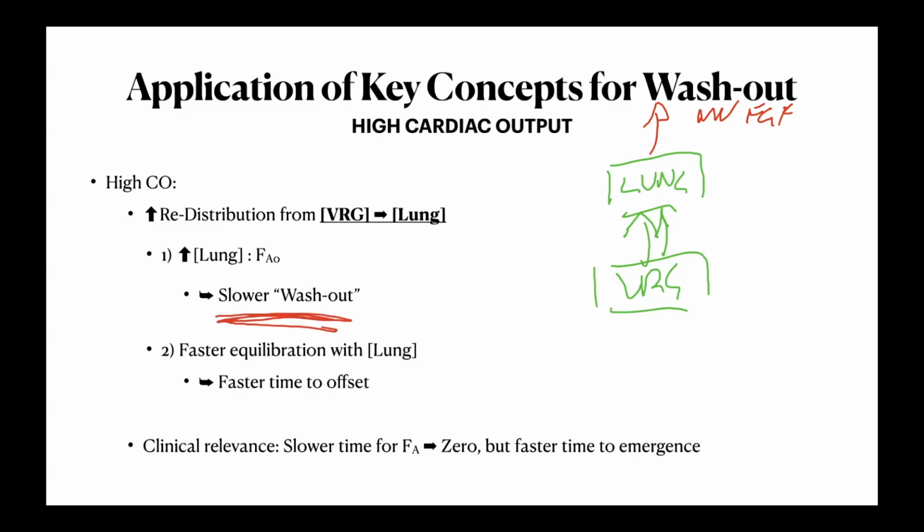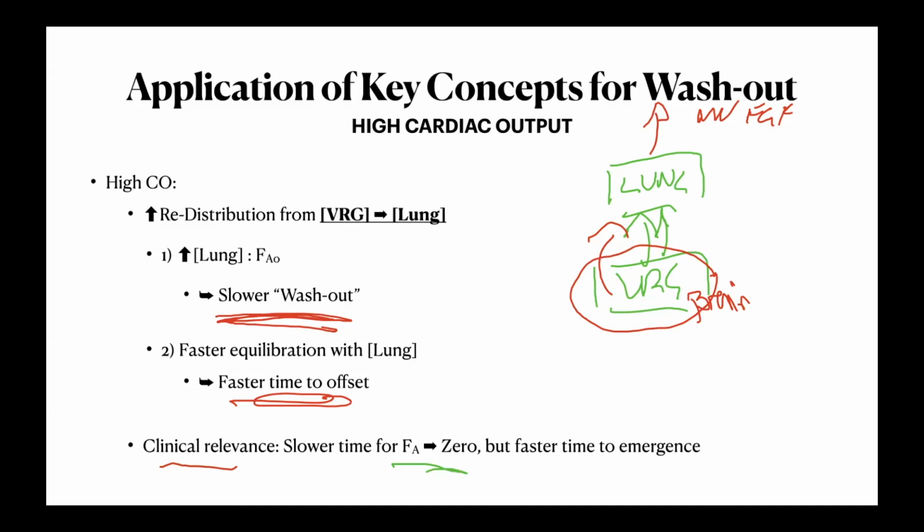But because you're moving a lot more of that anesthetic agent to be cleared from the vessel-rich group, where your brain is, that means there becomes a fast equilibration with what's happening in the lung, and that leads to a faster time to offset. The clinical relevance is that, yes, washout is slower.